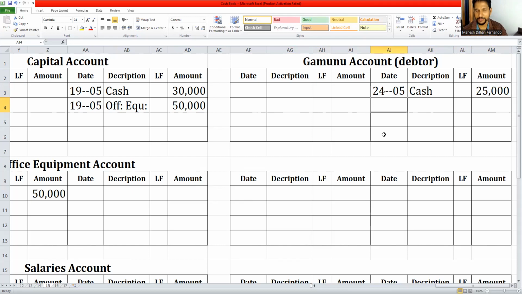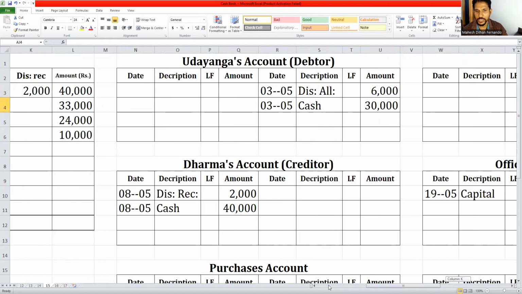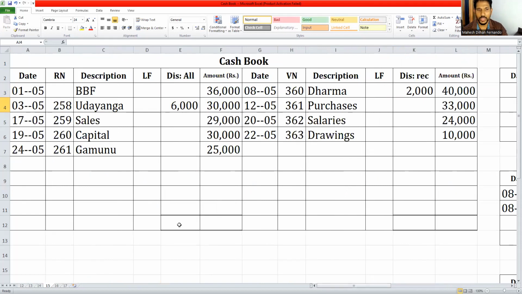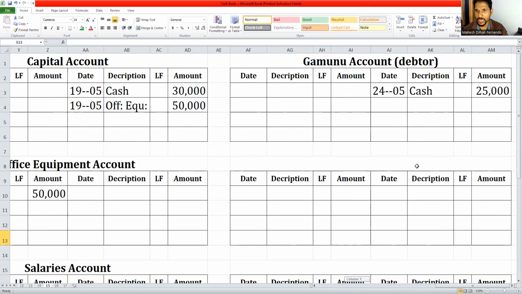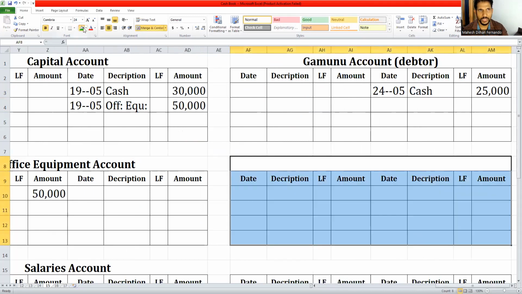Right. Let's complete the cash book now. Total allowed discount 6,000. Received discount 2,000. Debit the total allowed discount to the discounts allowed account. Make the account.